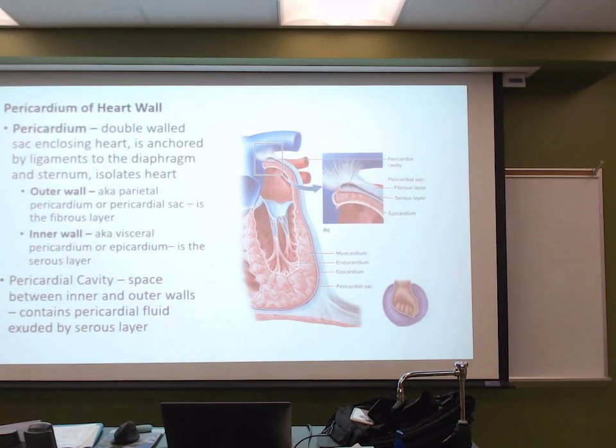What does a serous membrane do? It secretes a fluid. This is where we get that fluid inside of it, okay? And anytime there's not enough, usually that's when we get pericarditis.